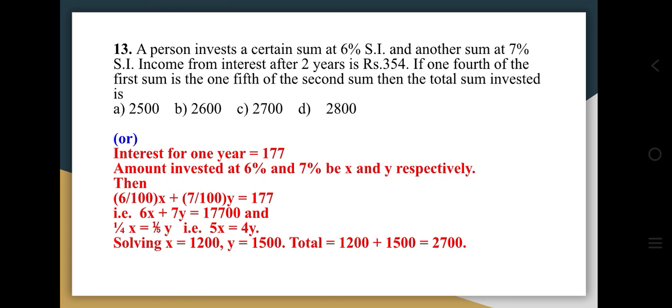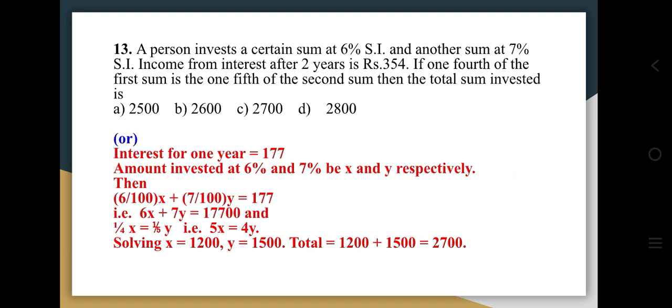If you cross multiply by 100, we get 6x plus 7y is 17,700. And also we are given that 1 by 4th of the first sum is equal to 1 by 5th of the second sum. The first sum we have assumed is x, the second sum is y. So 1 by 4 of x is equal to 1 by 5 of y. If we cross multiply, we get the equation 5x equal to 4y.